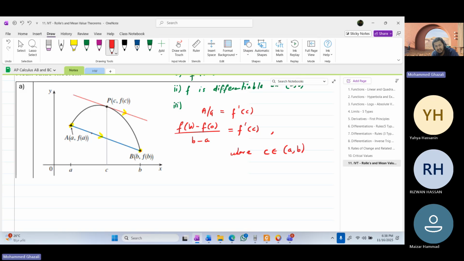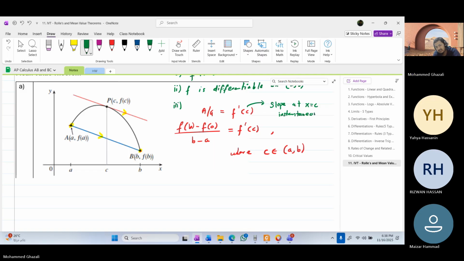If I join point a and point b with a straight line, there will be another line touching the graph in between a and b such that these lines will become parallel. So the instantaneous gradient is equal to the average gradient. What is f prime c? That is the slope at x equals c. In other words, it is the instantaneous gradient.